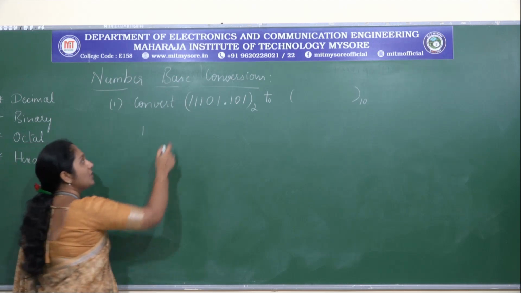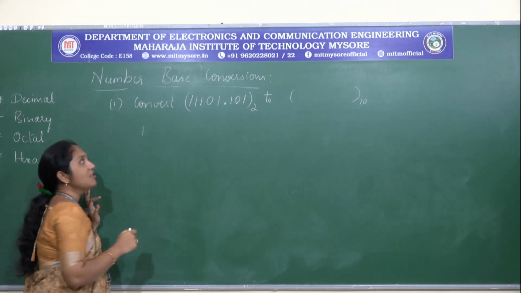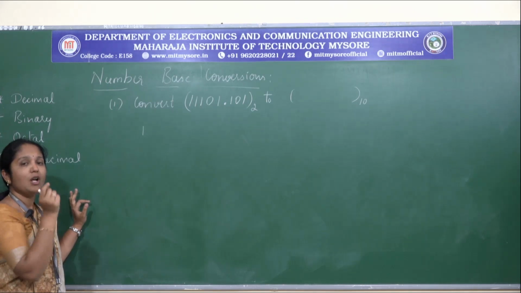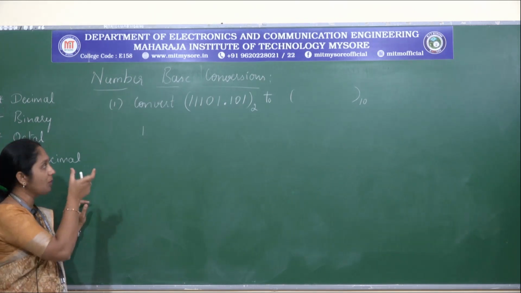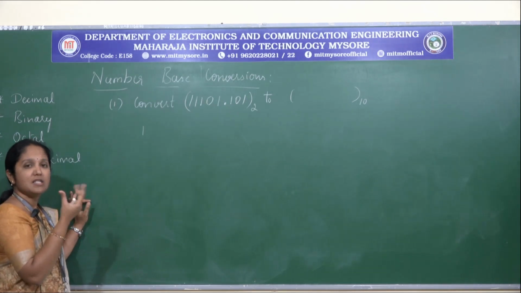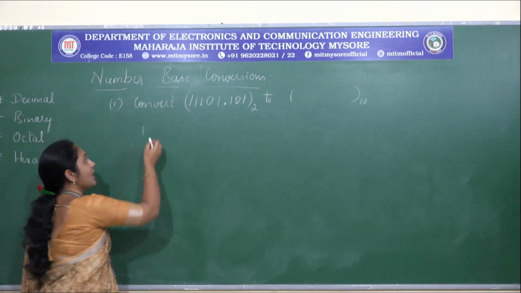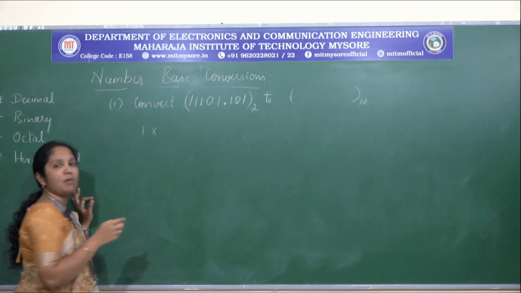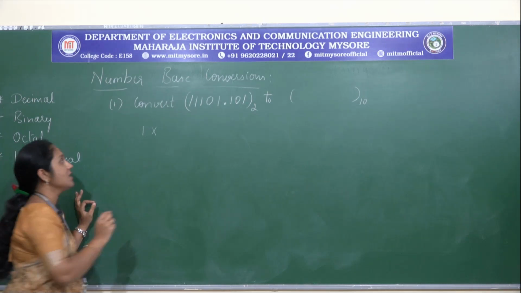First we need to count how many digits are there. So we have 5 digits. The power of 2 will start from 0, so 0 to 4 for 5 digits in expanded form. The powers start from 2 power n minus 1, if n is the number of digits; n minus 1 is the highest power we need to consider.